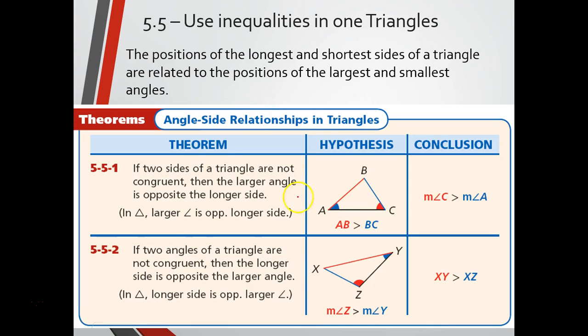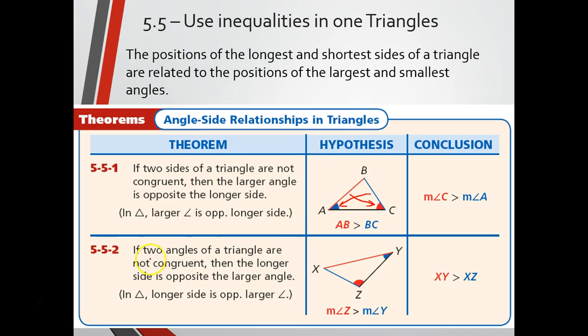So the angles opposite of each of these sides, meaning this side right here, here's the opposite angle. This side here, there's the opposite angle. Now, if AB is bigger than BC, then angle C is going to be bigger than angle A because it goes along with the sides right here, the opposite sides and opposite angles.